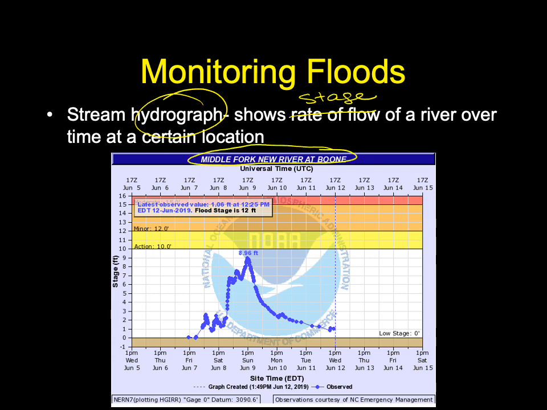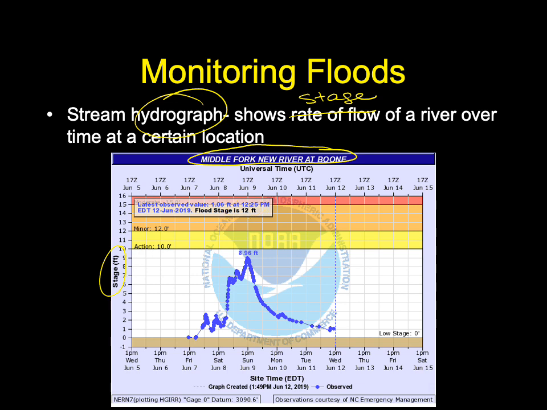This is the middle fork of the New River at Boone. The y-axis over here is the stage. What is the elevation of the river? And then this is time. You'll notice that it's doing 1 p.m. every 24 hours. So it's literally showing you that every day at 1 p.m. it's taking a measurement. So if the flood stage is at 12 feet, did the middle fork of the New River during the time of this hydrograph ever reach flood stage?